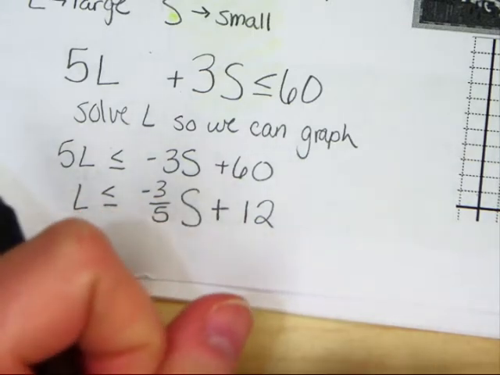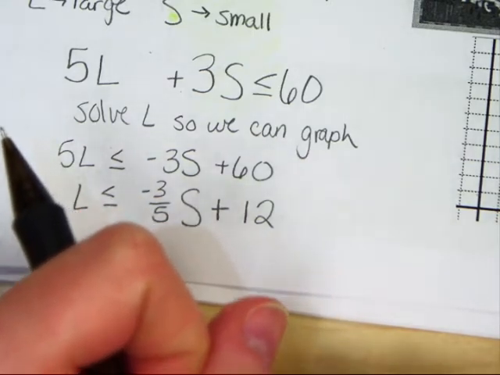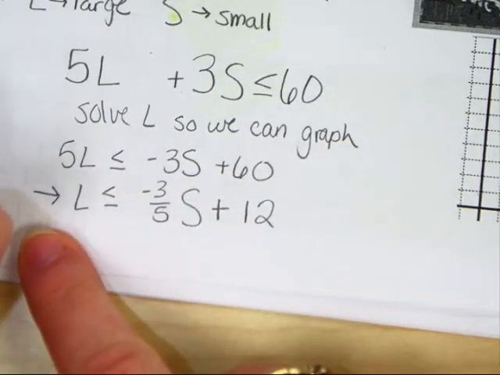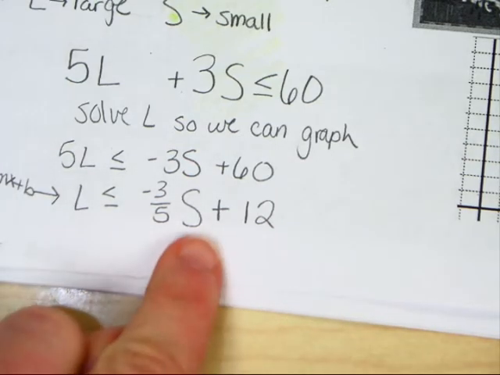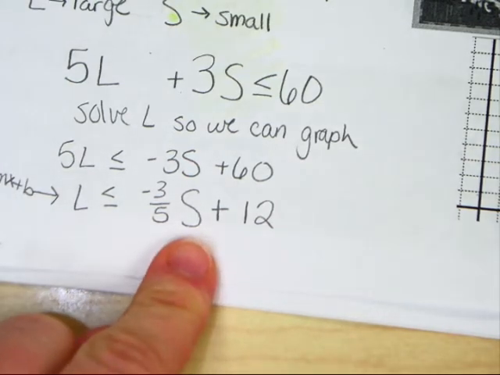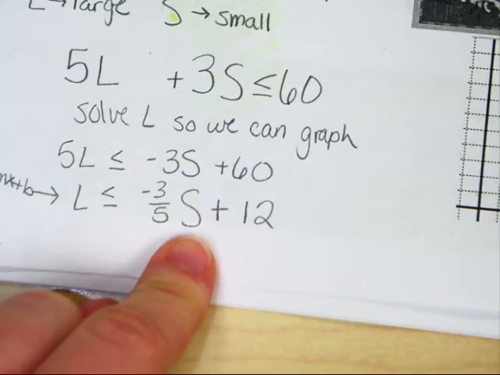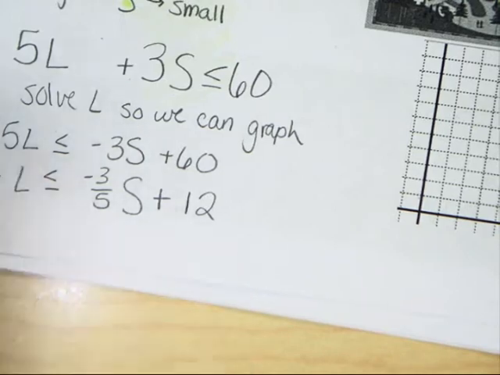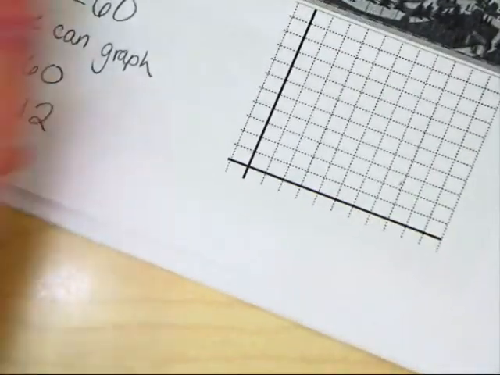You can graph that, or you may also graph using intercepts. This looks like it may be fairly difficult to graph, so I am going to choose not to graph using y equals mx plus b. You may if you want. I am going to graph using intercepts.